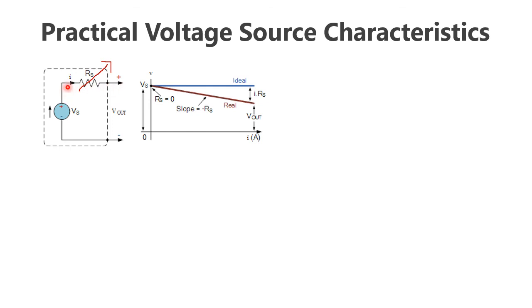So when the load current I increases, the voltage drop will also increase. So the loss will increase with the load current. Therefore there is the slope.